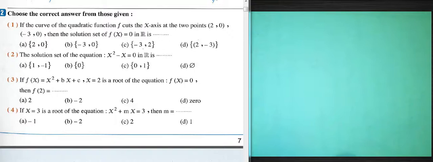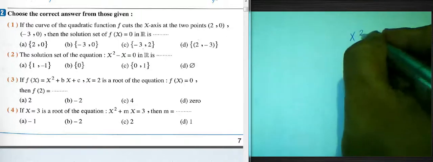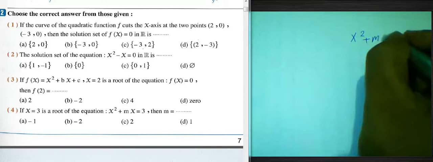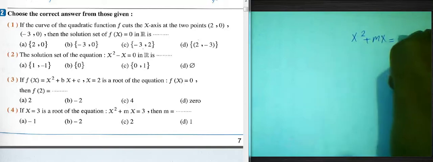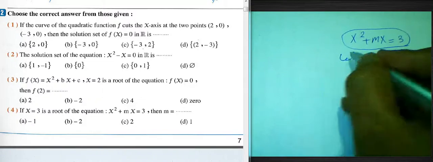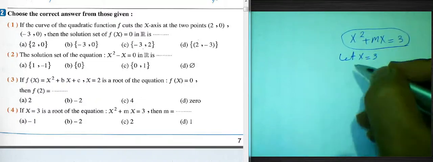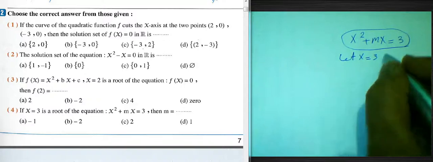Question 4. If x equals 3 is the root of the equation x power 2 plus mx equals 3, then m equals what? Let x equal 3, because x equals 3 is the root of the equation.